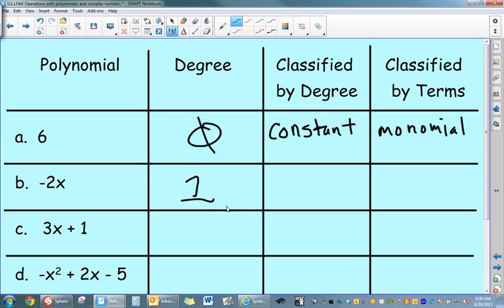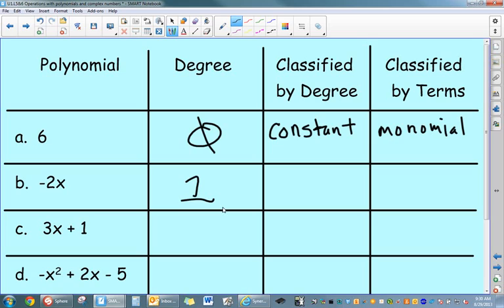You studied them all last year. What is a first degree polynomial called? You wrote them, you graphed them. You're overthinking it.